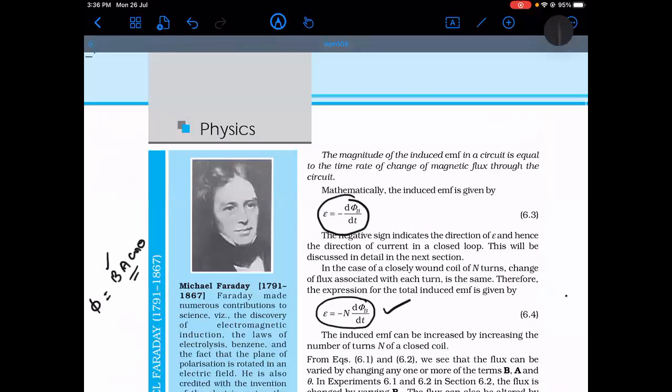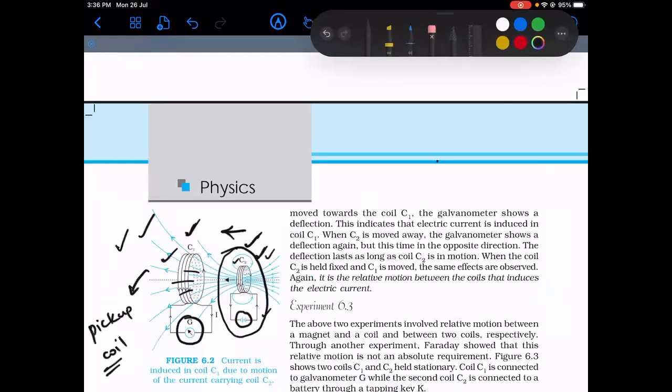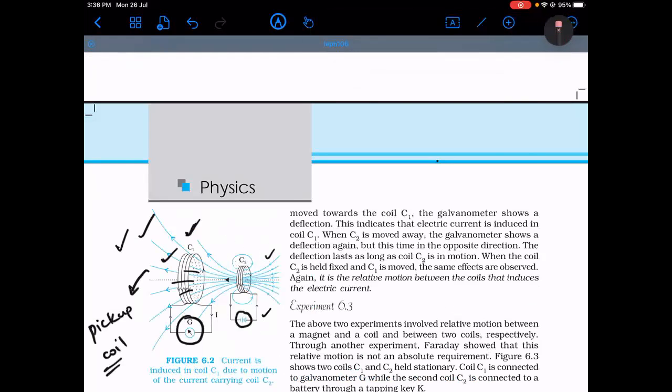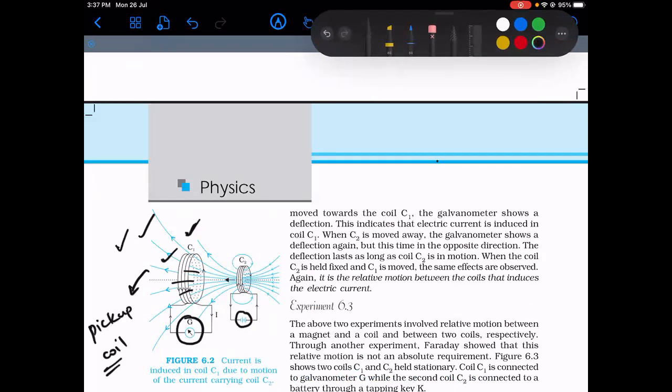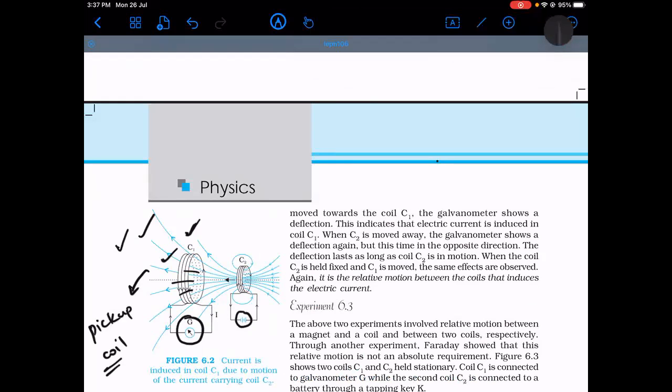In the diagram, does the coil C2 have any layer which is holding it, or is it only having air in between? Only air, right? So when it is having only air, instead of air medium, if I introduce a soft iron core like this, what do you think will be the advantage?